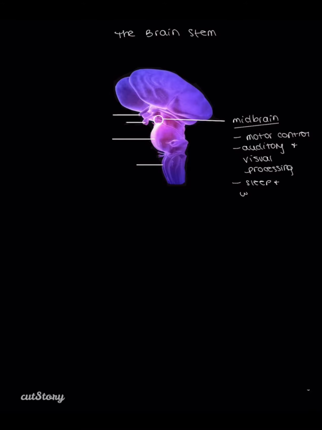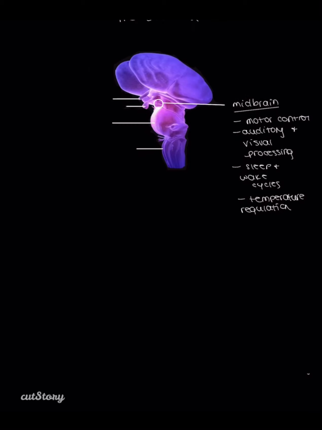It's involved in vision, hearing, motor control, sleep and wake cycles, as well as temperature regulation. So all of these would be considered autonomic functions, since the brainstem is involved with autonomic functions.